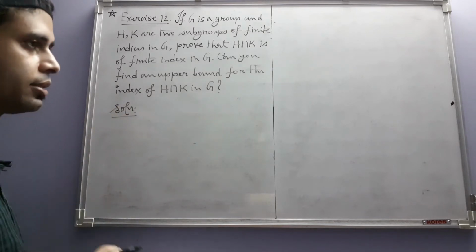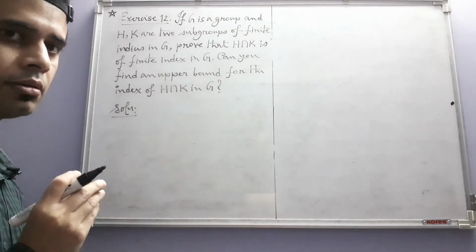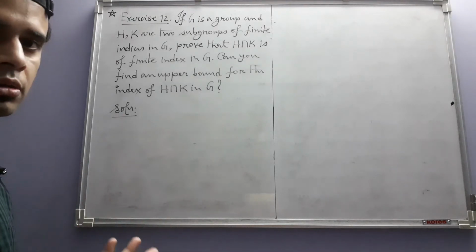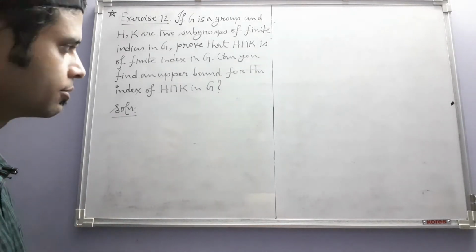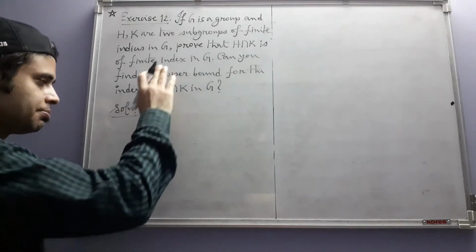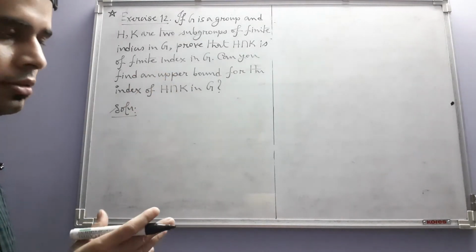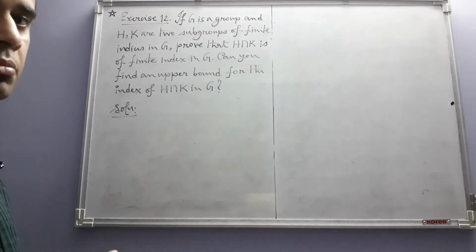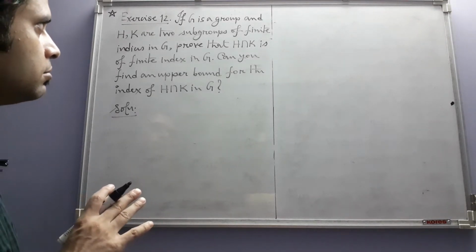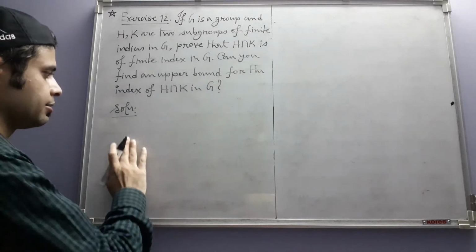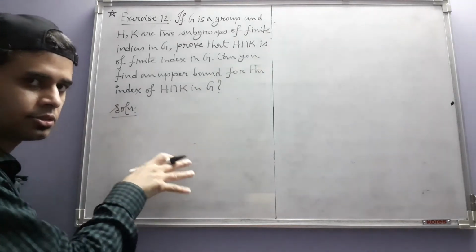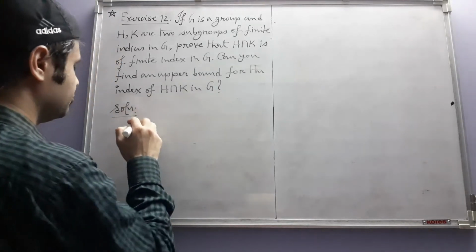Now, before we write the solution, we are going to devise a notation for the set of all right cosets of a subgroup in a group. In fact, in one of the previous exercises, we used a notation G divided by that subgroup, and we mentioned there that the source of this notation can be found in this solution. So let us start by defining that.